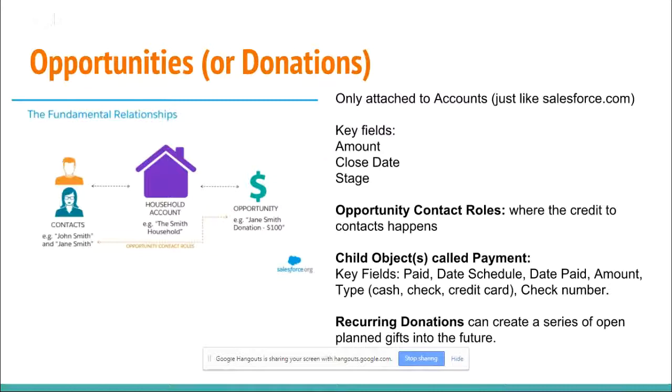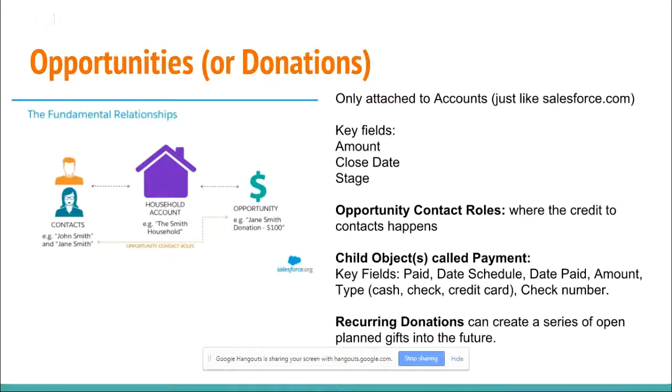So if Mary Smith or Jane Smith lives at a household account and gives money, we attach the opportunity to the household account, but we say Jane has the opportunity contact role of donor, and she gets the credit for that donation. Now we may also want to know that we also may automatically make John Smith a donor, and we can do that by giving him an opportunity contact role if we want as well.